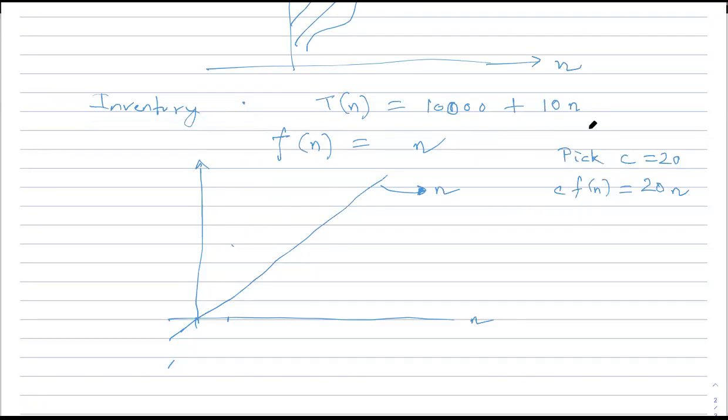Okay. So here we find the, if the value is, say 1000, then the t of n is going to be, let's say this is 20,000.